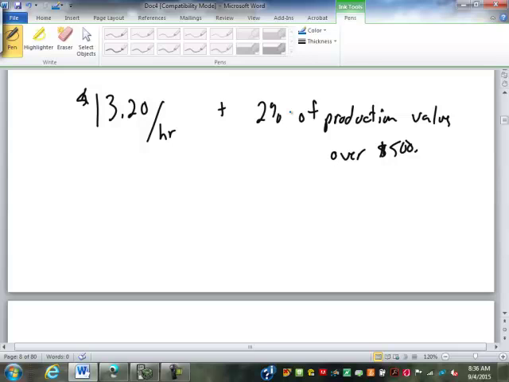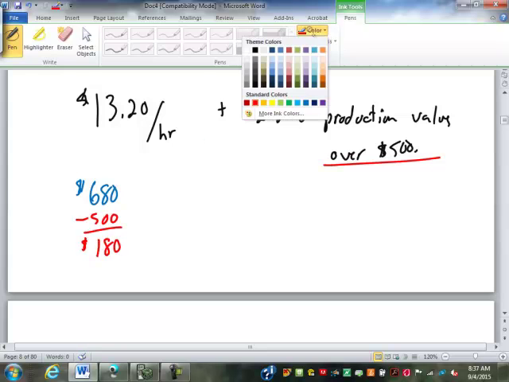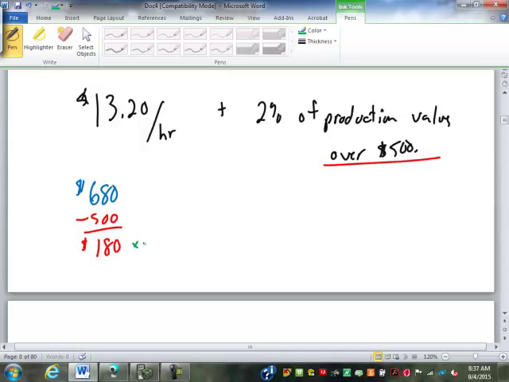Well, let's say, just looking at an individual hour again, you have an hour where you have $680 worth of production value. Are you going to get 2% of that? No, it's over 500. So you subtract 500 from that, you get $180. That's what you're going to get your production value bonus on. So it's going to be that times 0.02, which will be $3.60, plus your $13.20, you're at $16.80 per hour.